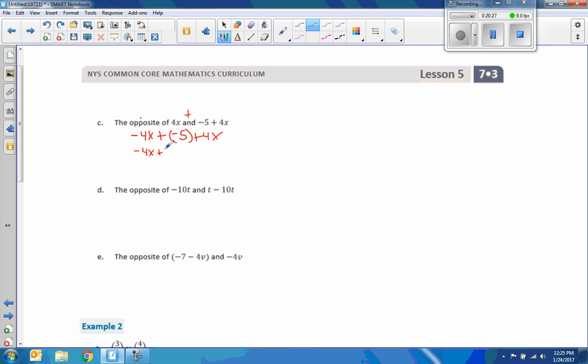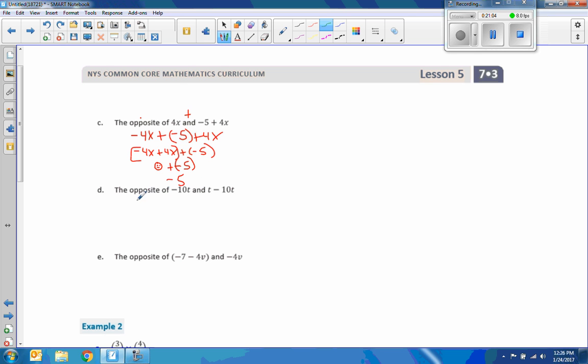So negative 4x plus 4x plus a negative 5. 4x and a negative 4x when added, since they're opposites, they're inverses. Additive inverse property gets me 0 plus a negative 5. And the additive identity, this is my identity. If I add the identity to negative 5, it gives me back what I started with. So the identity 0 plus negative 5 is negative 5. That's the additive identity. Okay.